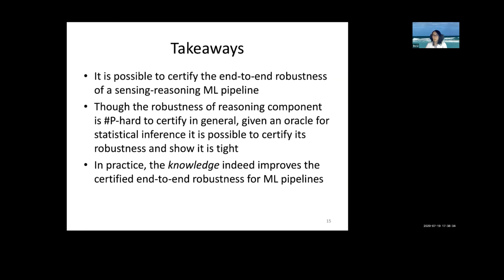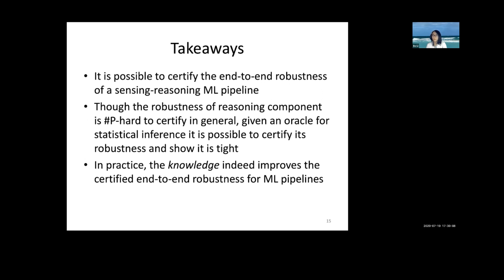And the quick takeaway from this robust end-to-end sensing reasoning pipeline work is that we show that it is possible to certify the end-to-end robustness of a sensing reasoning machine learning pipeline, although the robustness of the reasoning component is sharp-P-complete in general, and given an oracle for the statistical inference, meaning we know how to calculate the possible worlds given the domain knowledge, it is possible for us to efficiently calculate the certified robustness bound.